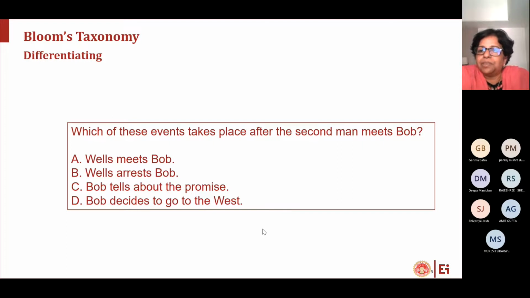Garima ma'am, Amit sir, G. Garima ma'am and Mukesh sir. Ma'am, it's a G for me. Mukesh sir? Yes, sir. It's a G. Garima ma'am?